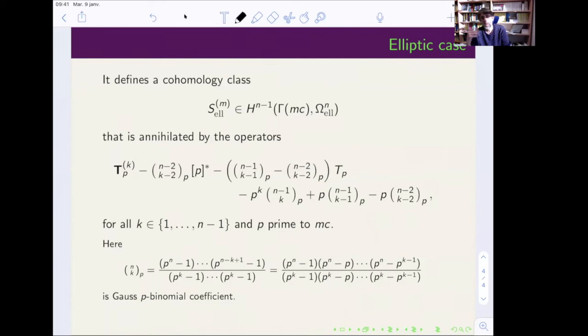In some sense, I like to think of it as something close to Kato's systems of units in the GL2 situation, because in the GL2 case it's very related.